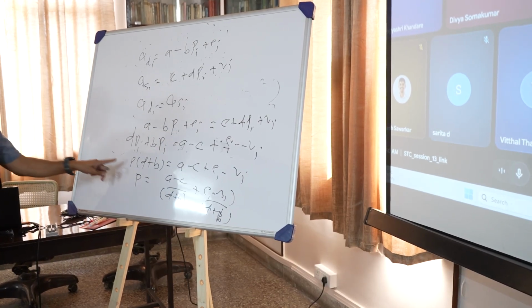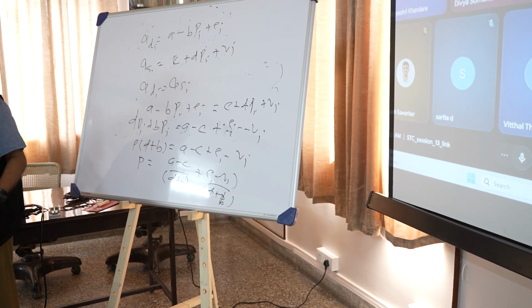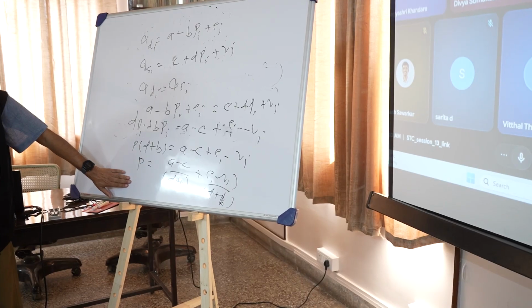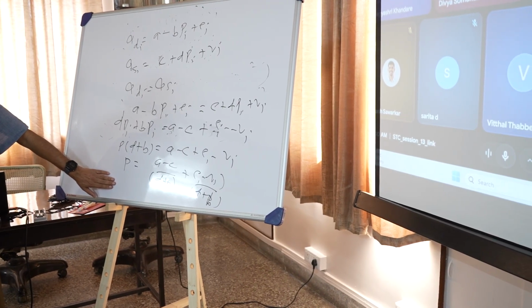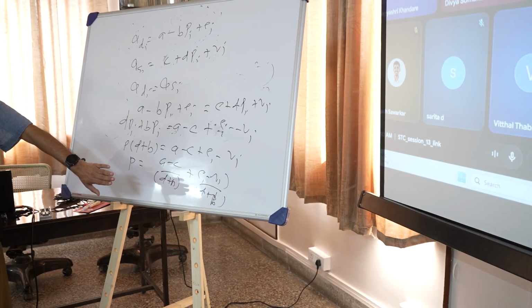So P depends on EI and VI. P is correlated with EI and VI. This is called the reduced form. So P is dependent on EI and VI.